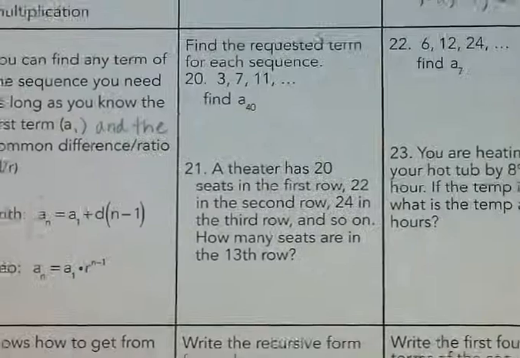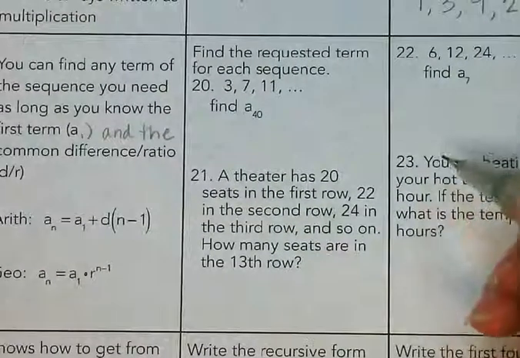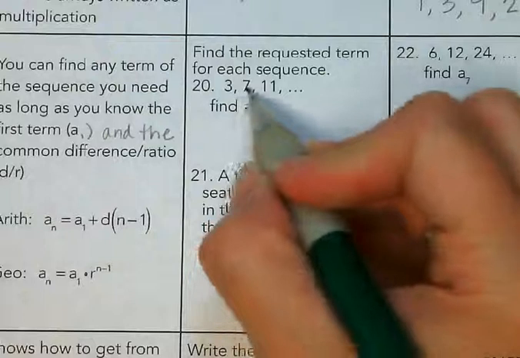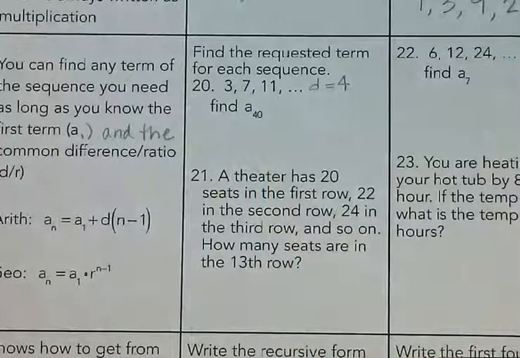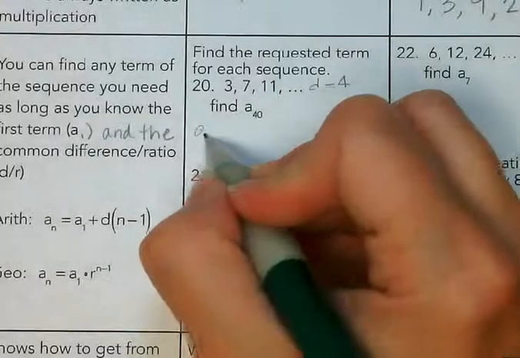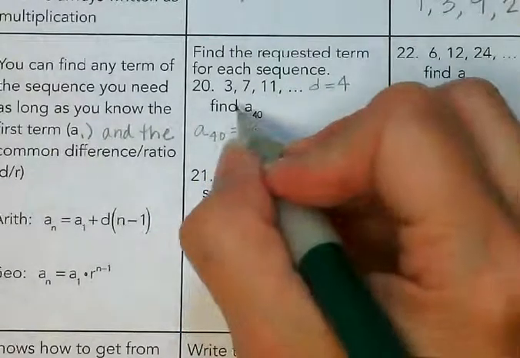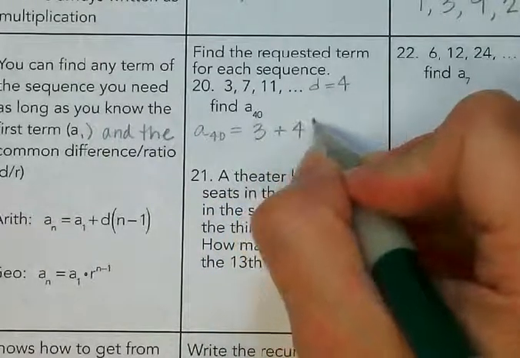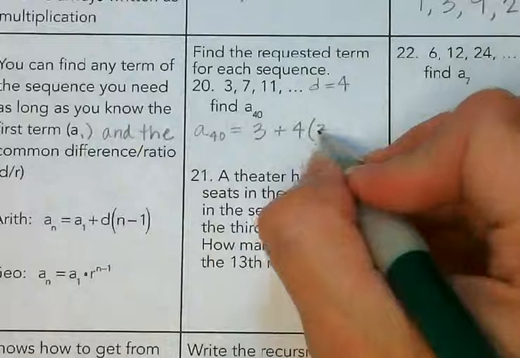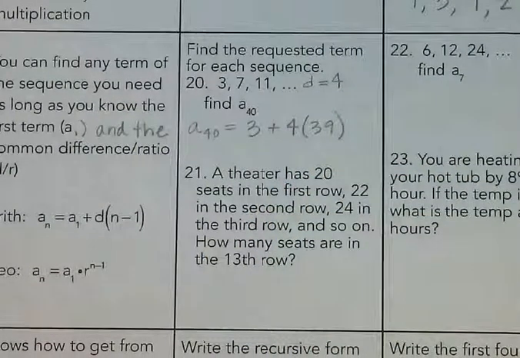All right, so for our example, number 20, find the requested term for each sequence. So first thing we have to figure out is what is the pattern. And if we do 7 minus 3, we figure out that D equals 4. So if we want the 40th term, then we're going to take the first term, which is 3, and we're going to add 4, but since we want the 40th term, we only need to add 4 39 more times, because we already know the first one, so we need 39 more terms.